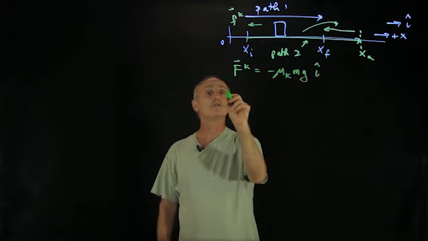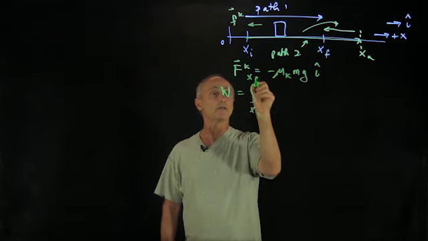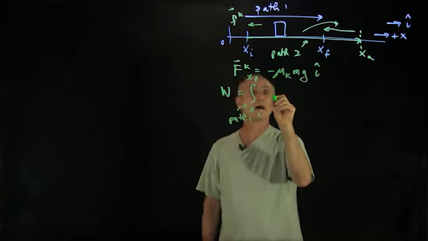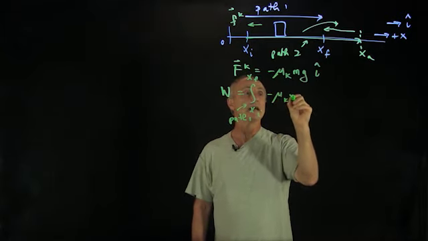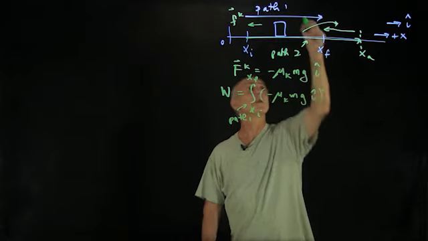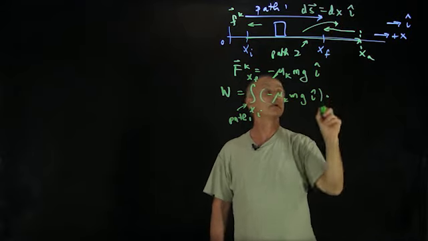And so when we do the integral for the work from x initial to x final, this is path 1, then we have minus mu k mg I hat dotted into, now what is the ds for this path? It's simply dx I hat.